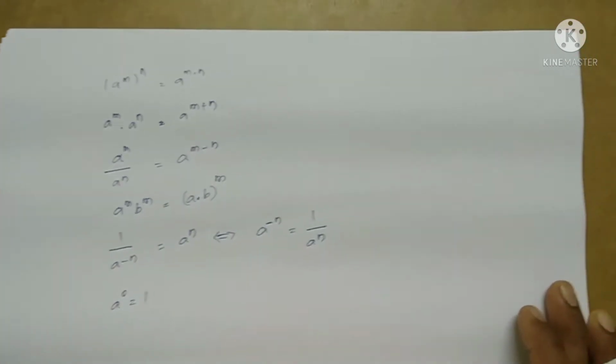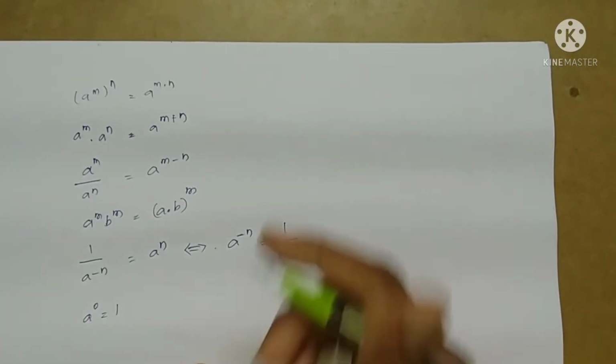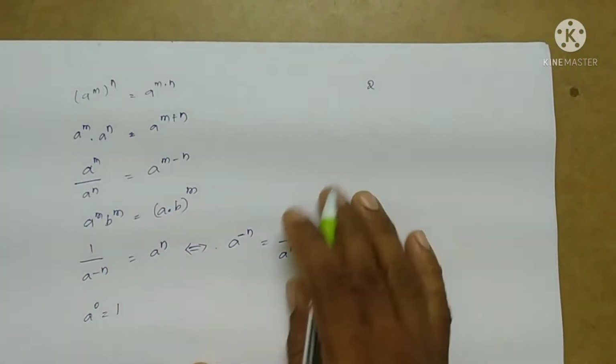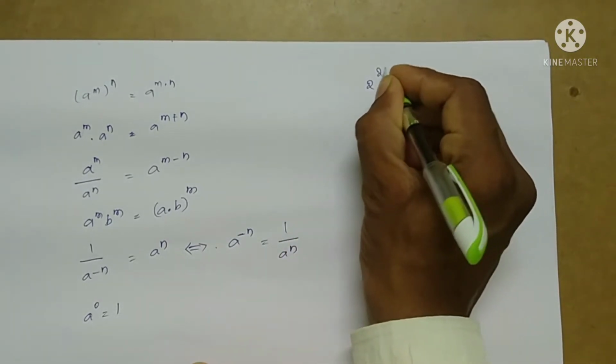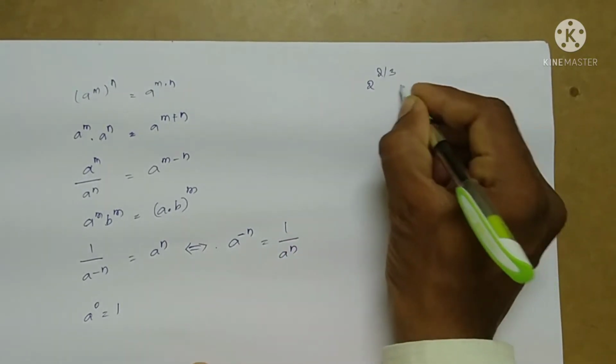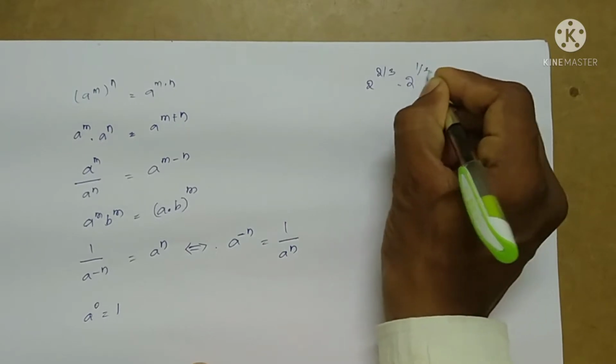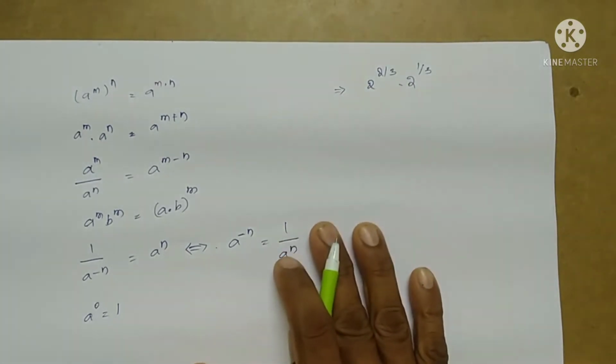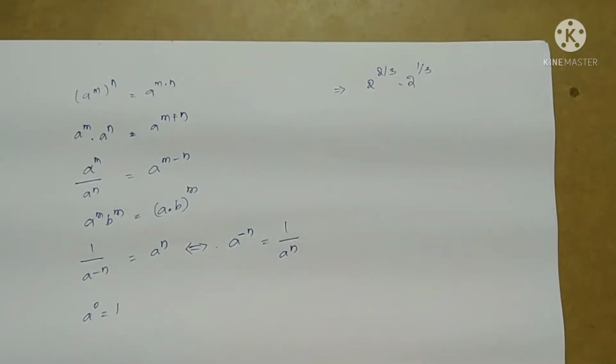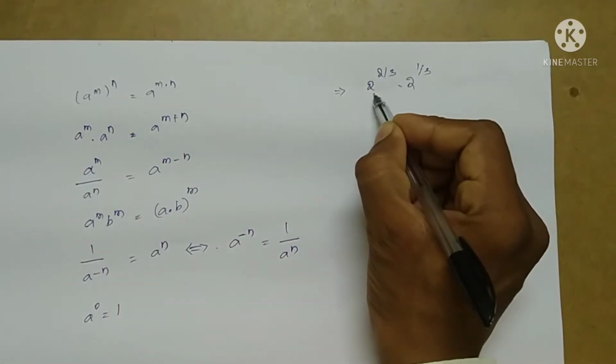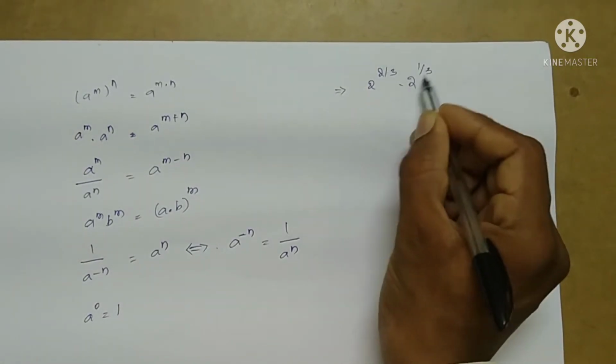So let us see some examples. This is our first question: 2^(2/3) · 2^(1/3). It is of the form a^m · a^n.